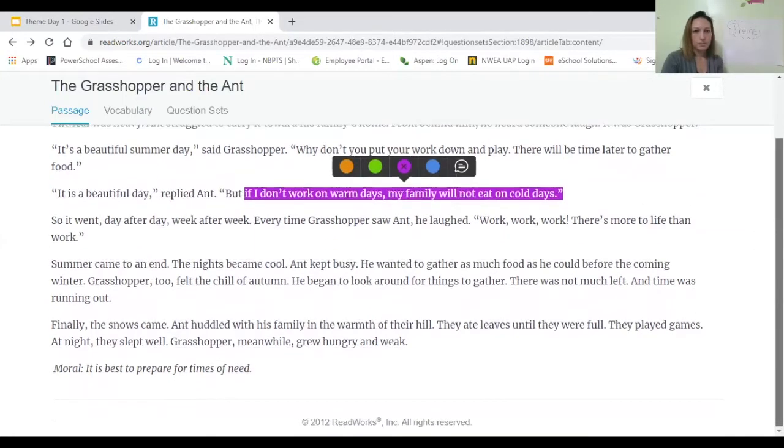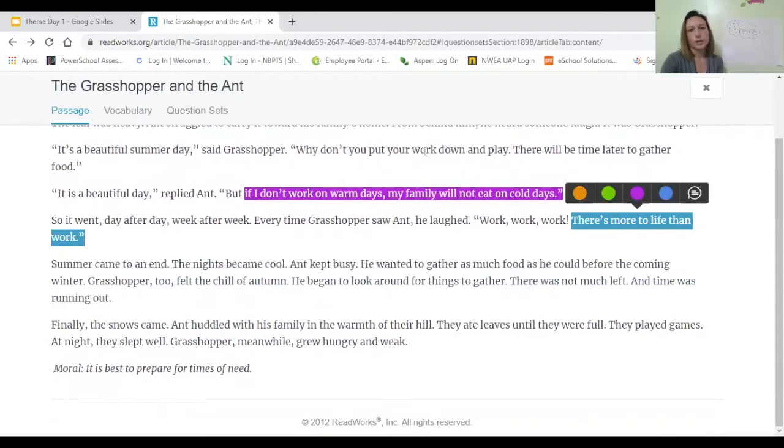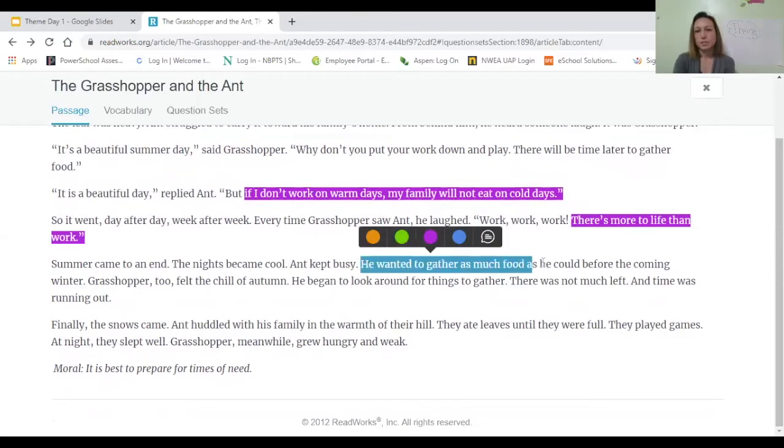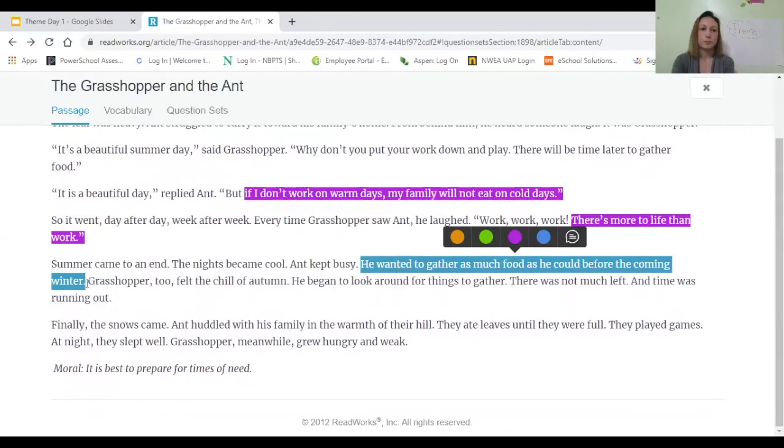Let's see. Grasshopper says, "There's more to life than work." Grasshopper does not want to spend all that time working. We know here, Ant is keeping busy. He's going to gather as much food as he could before the coming winter.